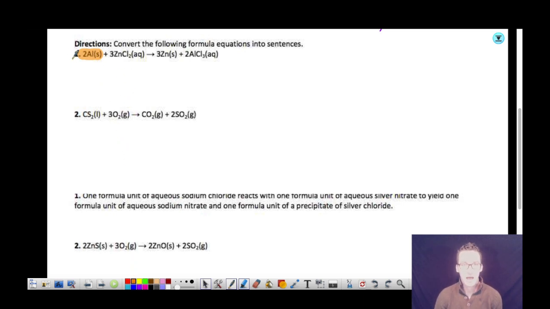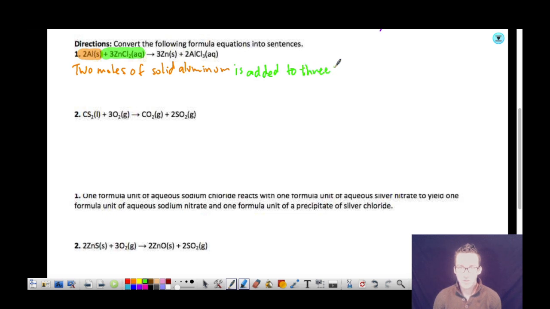This here, 2Al(s), means we've got 2 moles of solid aluminum is added to 3 moles of aqueous zinc chloride.